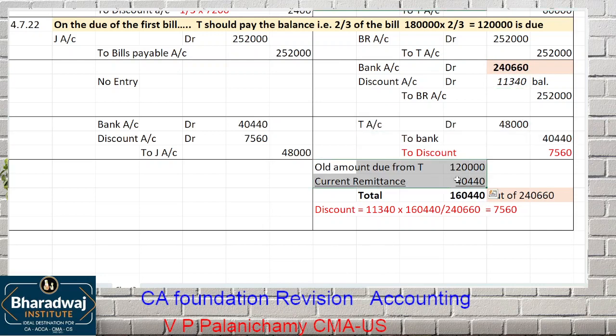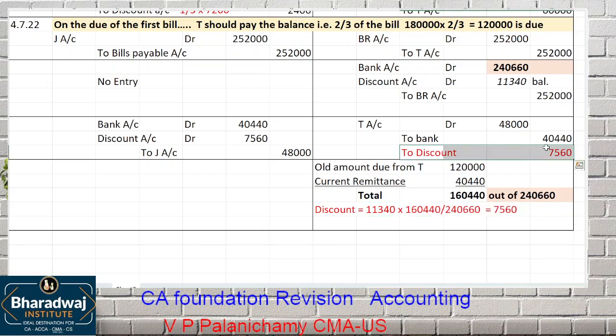Already you have to pay me 1,20,000, plus I'm sending you 40,440. What is the total money used by you? 1,60,440 out of this 2,40,660. Discount proportionately: 11,340 into 160,440 out of this.